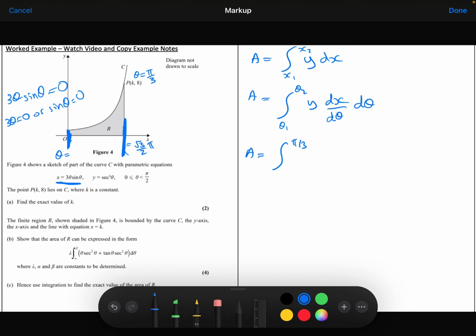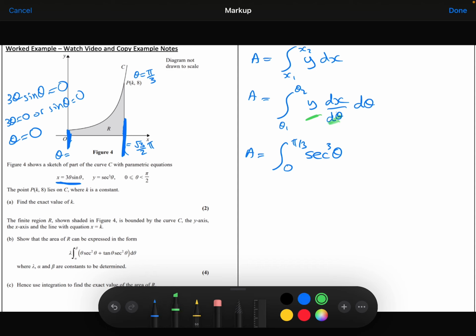And in both of those cases, theta will be 0. So that's my lower limit. Then my y function is sec cubed theta.